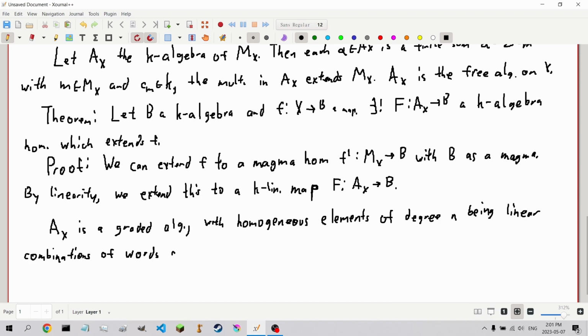Keeping in mind that our algebra is essentially pairing together every possible element of our magma with a weight from K. Now, how do we turn this into a Lie algebra?